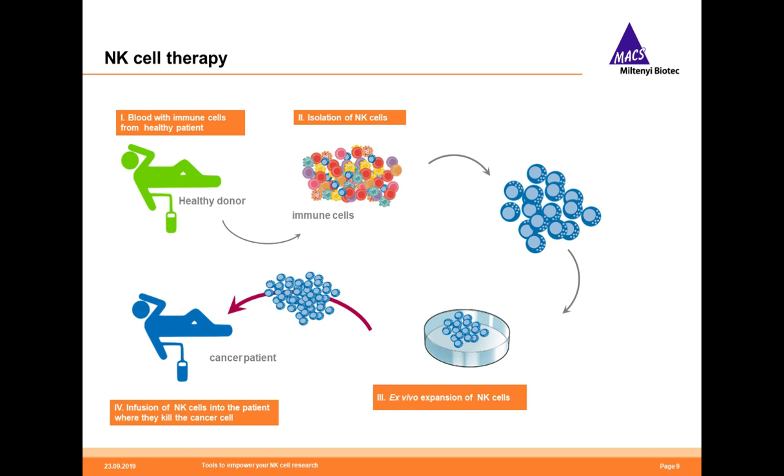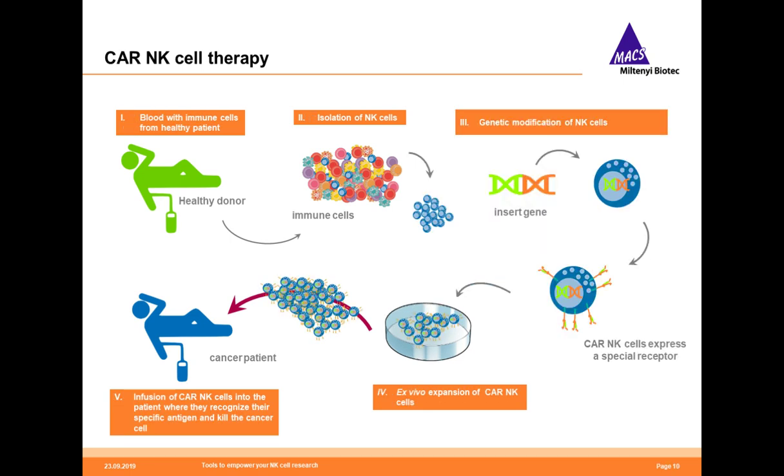So how can we exploit NK cells in immunotherapy? Well, NK cells can be obtained from healthy individuals. They can be isolated, expanded, and infused into patients suffering a wide variety of diseases that are now under investigation. Moreover, with the promising results of CAR T cells, NK cells can also be genetically modified, offering several advantages compared to the T cells.